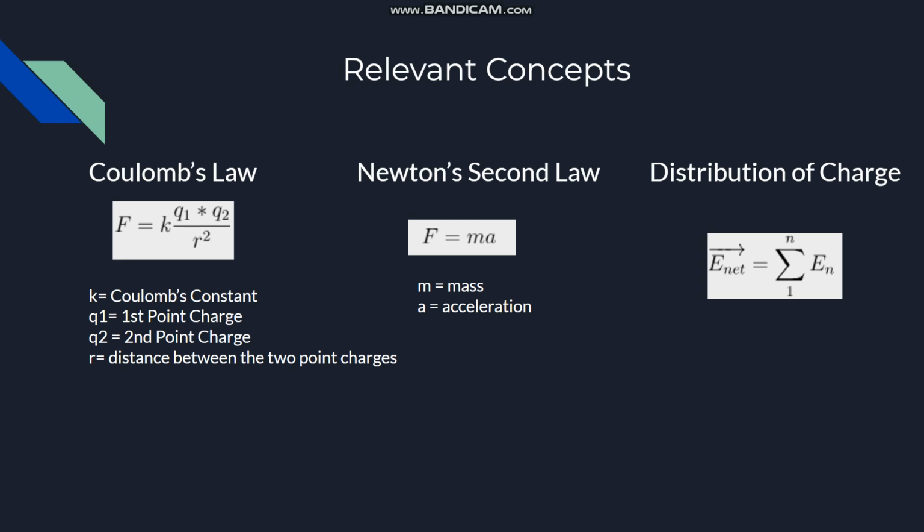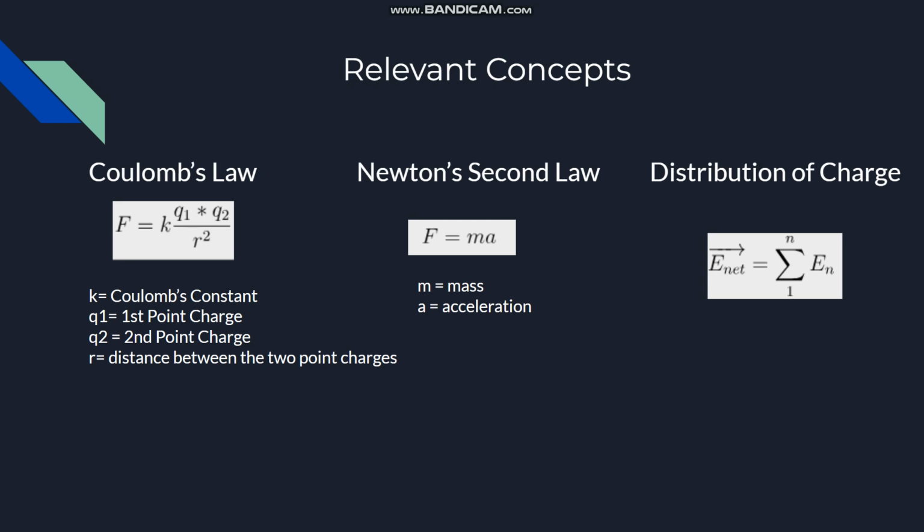Some relevant concepts, same thing as Lab 1, except a new one, and that's going to be at the end. First one, we got Coulomb's law. That's going to help tell us the force of the charge. Second one, we got Newton's second law. That's going to help identify the charges on the tape when we use it in tandem with Coulomb's law.